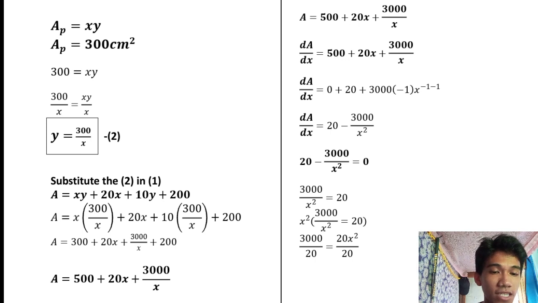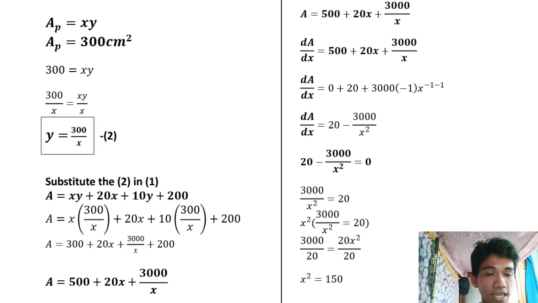So we have 3,000, and multiplying the 20 by x squared gives 20x squared. Then we divide both sides by 20 so that only x squared remains on one side. Dividing 3,000 by 20 gives 150.